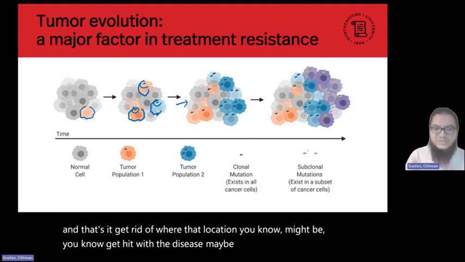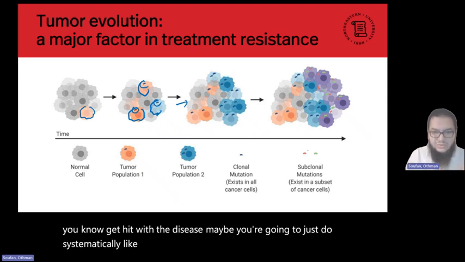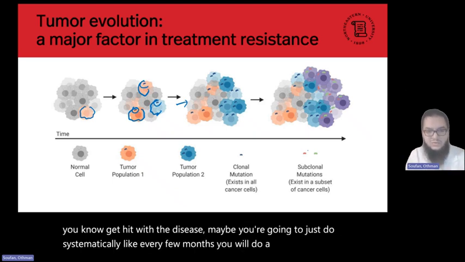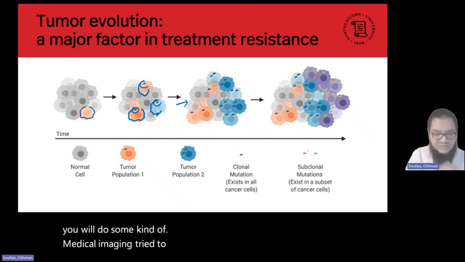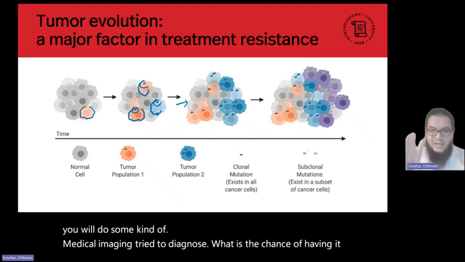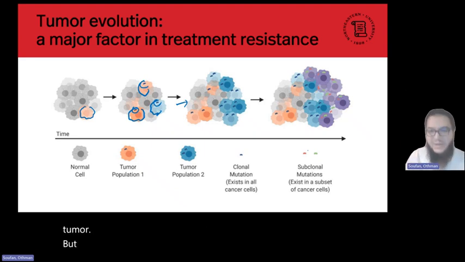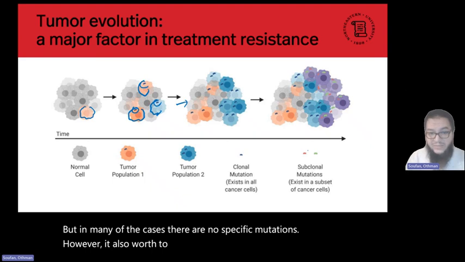Maybe you're going to just do it systematically, like every few months you will do a mammogram, or you will do some kind of medical imaging, to try to diagnose what is the chance of having a tumor. But in many of the cases, there are no specific mutations. However, it's also worth noting the following.